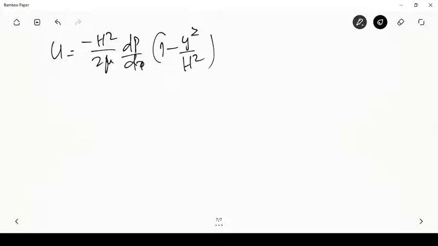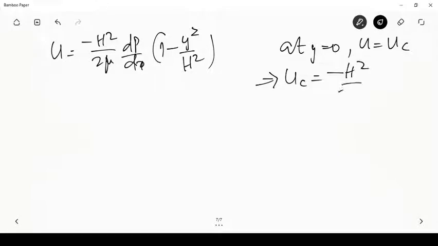At y equal to 0, the quantity is h squared by 2 mu into dp by dx. So at y equal to 0, u is equal to u_c, that's what we said, which implies u_c is equal to minus h squared by 2 mu into dp by dx.